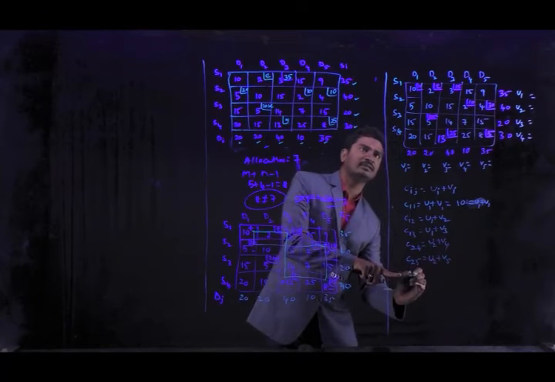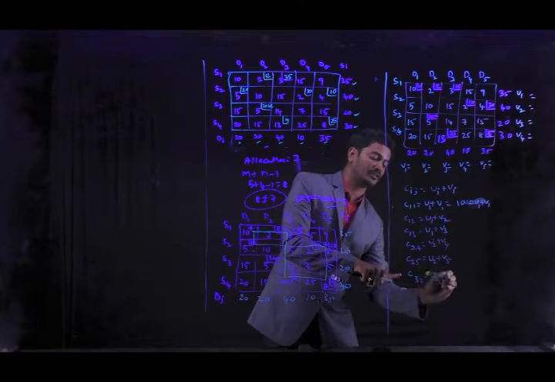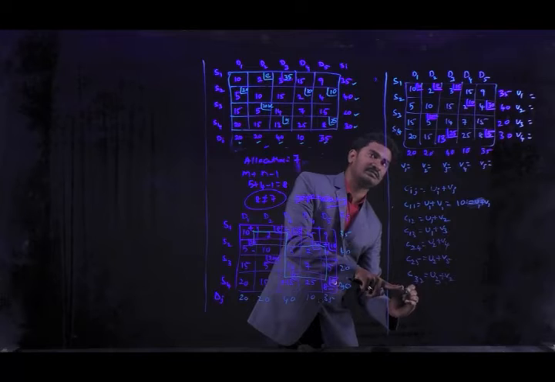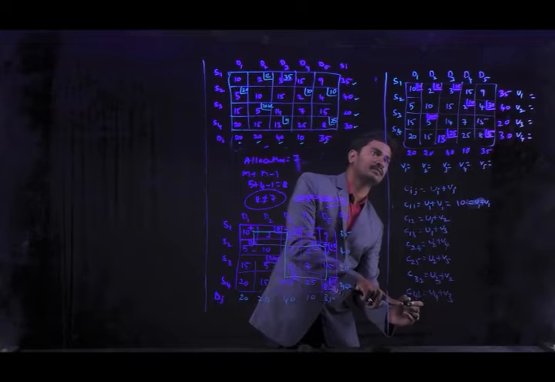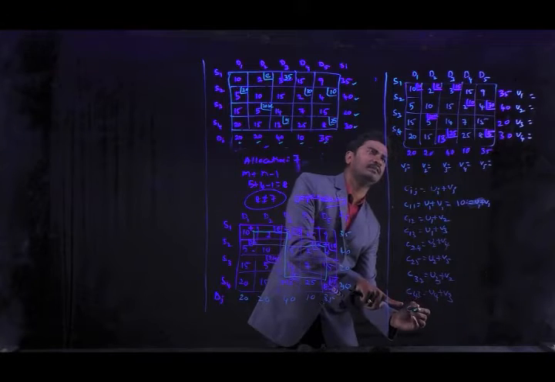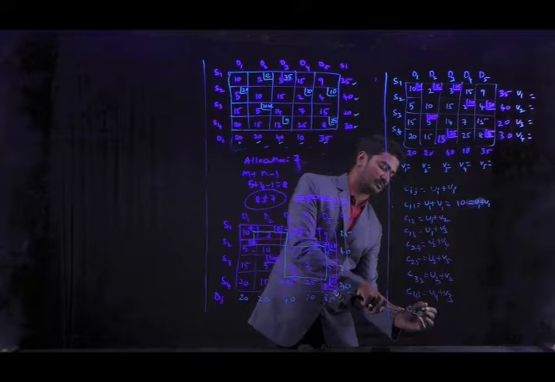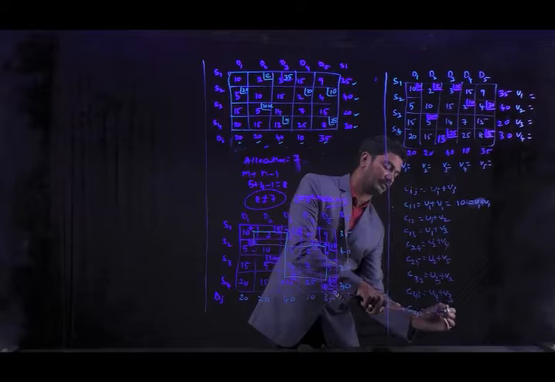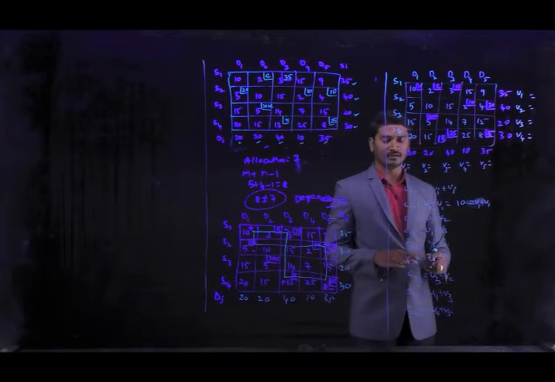Next, C32 is U3 plus V2. Next, C43 is U4 plus V3. Next, C45 is U4 plus V5. By using these, we are going to get the shadow price values.